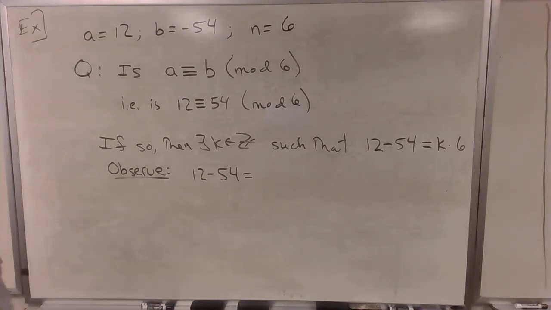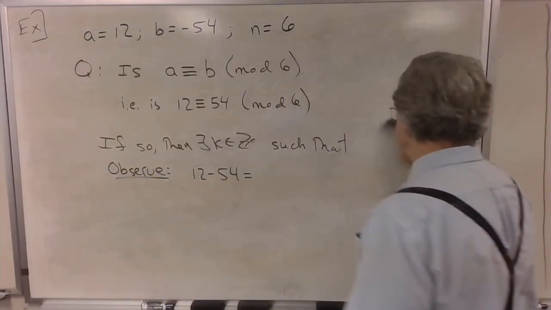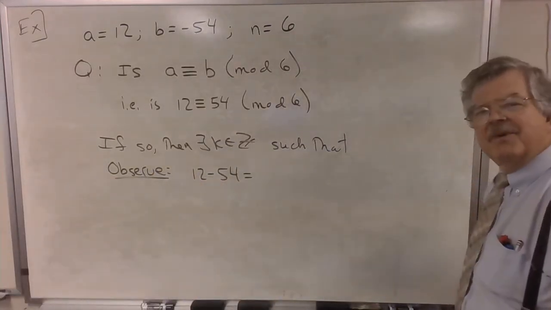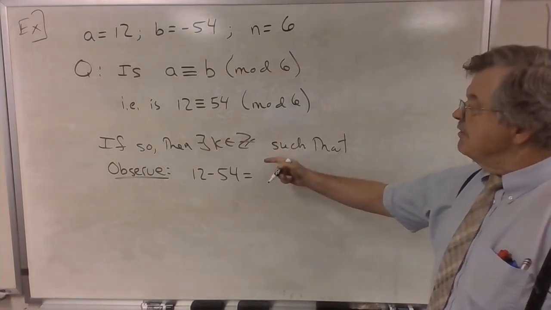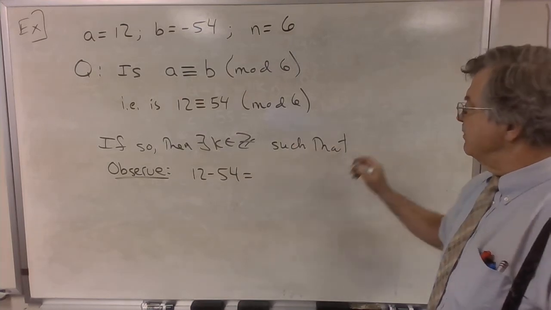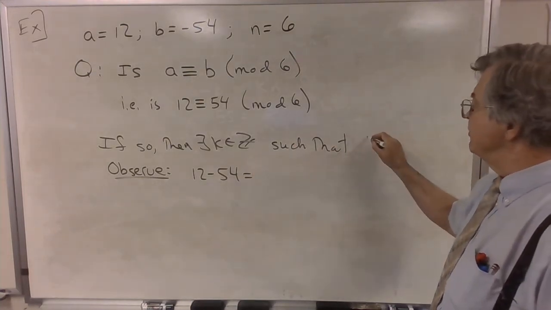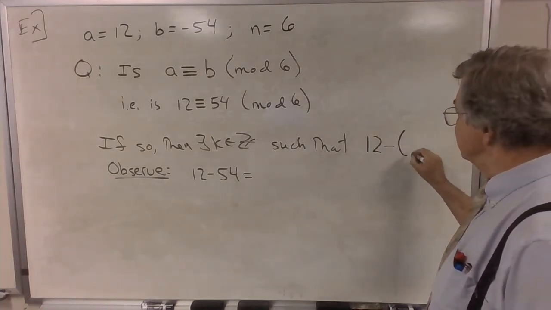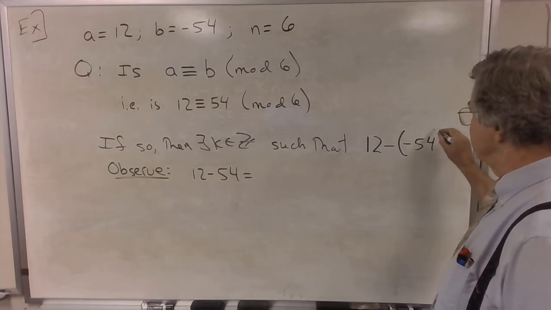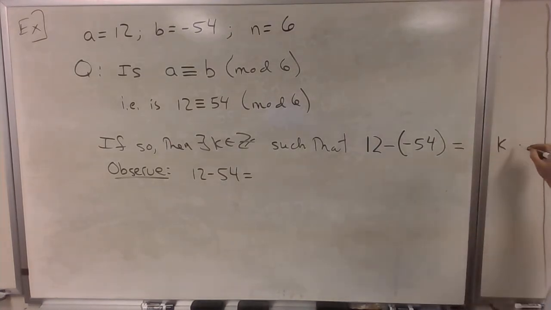Whoops, I did not do this right. Did you catch what I did? If they're congruent mod 6, then there's an integer k such that their difference is equal to k times 6.